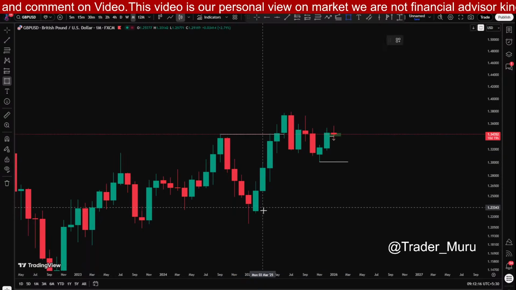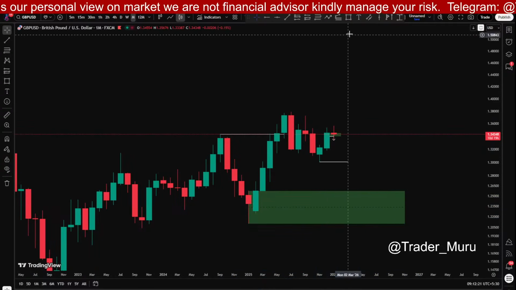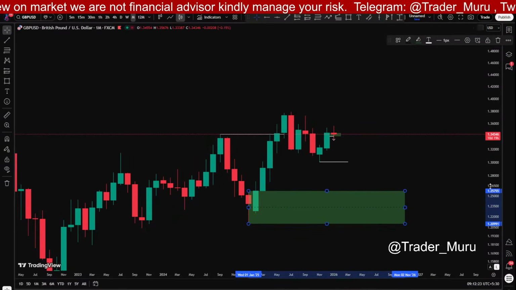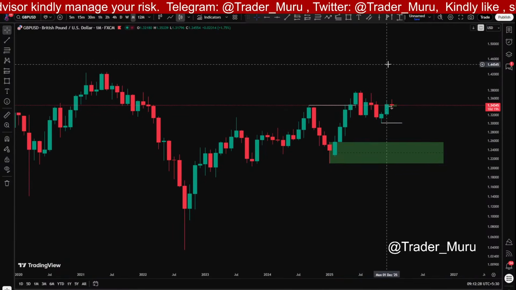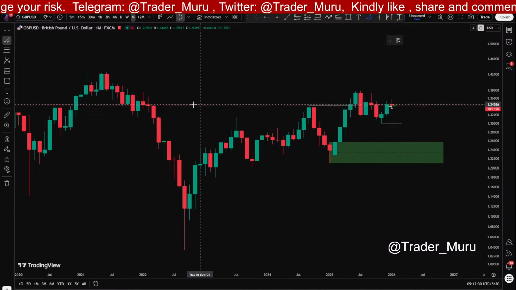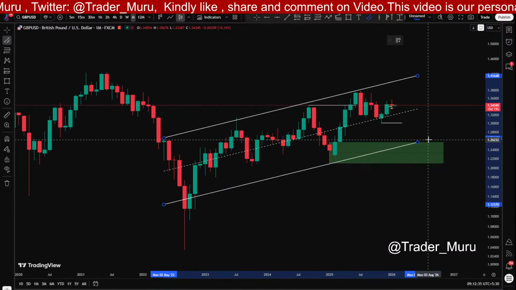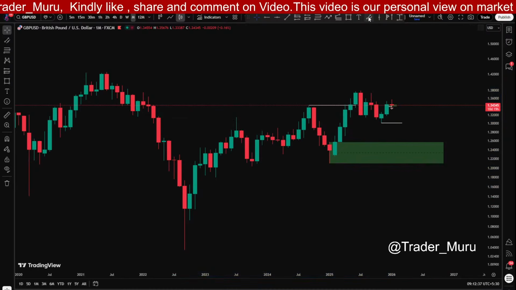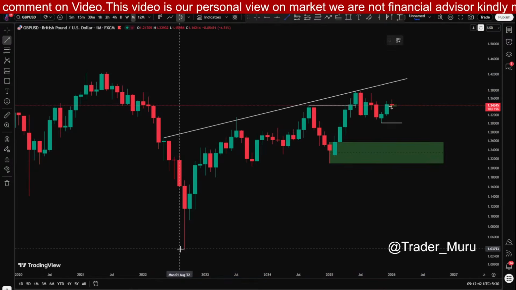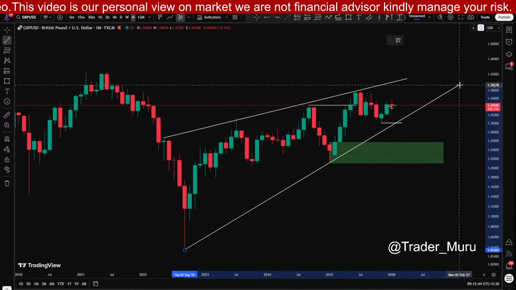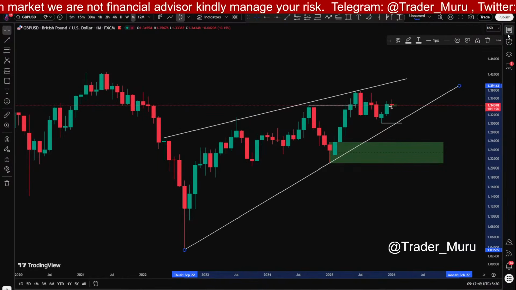So if this area doesn't hold, it will test this area around 1.25. And see this one, it is a rising wedge. So possible again drop to this area and pump.